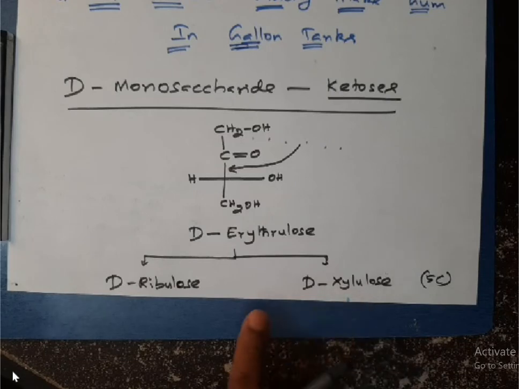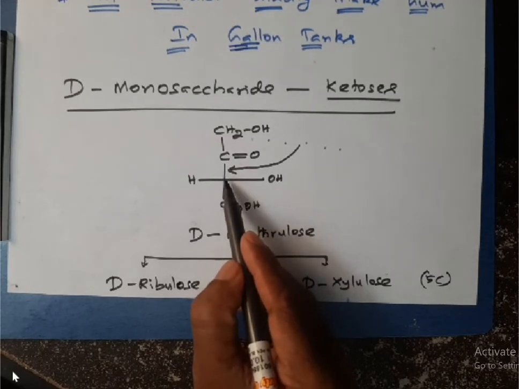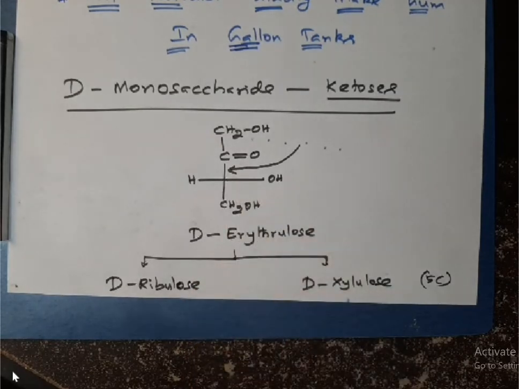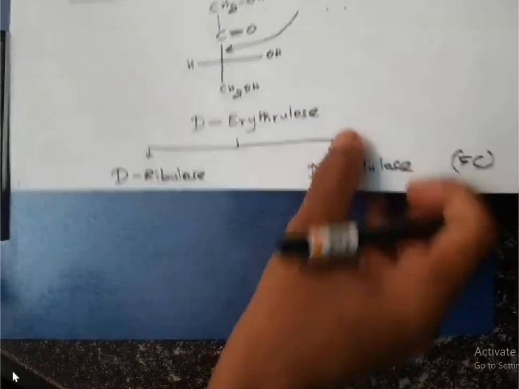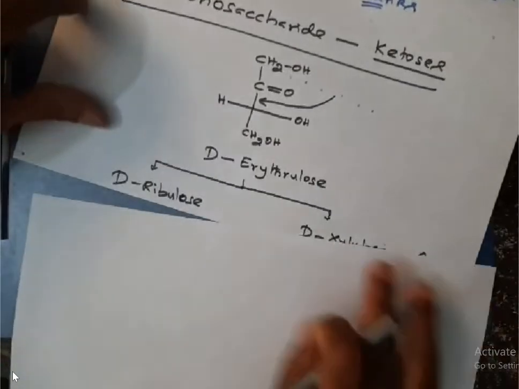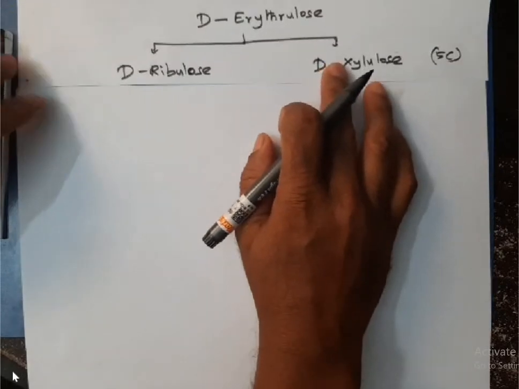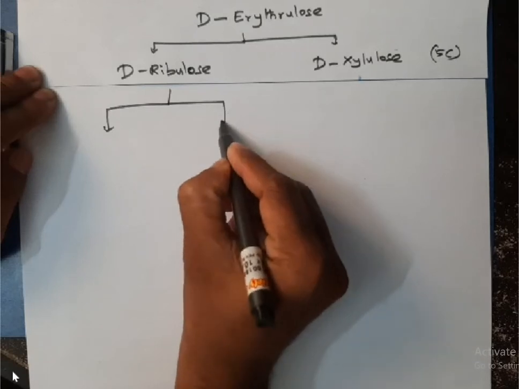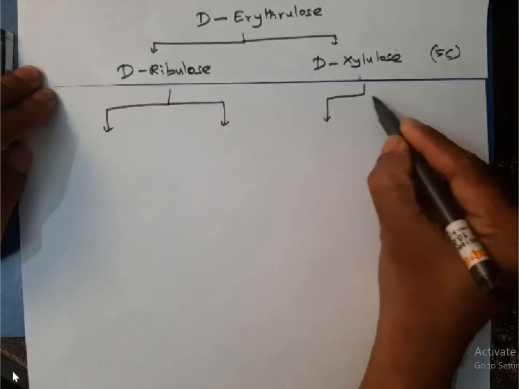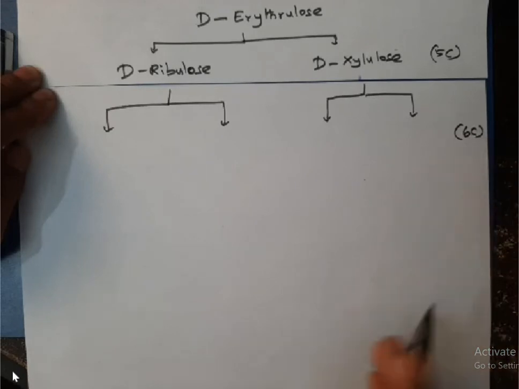You have to introduce the new chiral center between the keto group and the next immediate chiral center. From D-ribulose you introduce one more chiral center, from D-xylulose you introduce one more chiral center, so you'll get ketoses containing 6 carbon atoms.